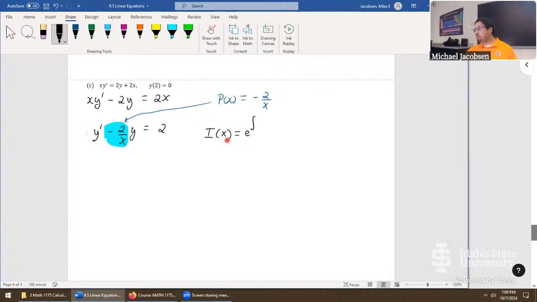It's the base e exponential to the power of an entire indefinite integral, negative 2 over x dx. So your p of x function goes inside. We get an antiderivative of that function. It's now e to the power -2 natural log x.